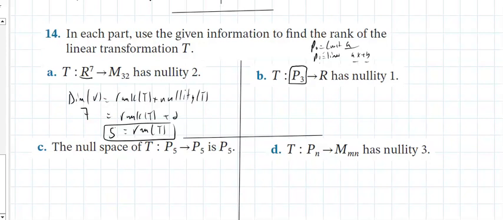So if we're going for P3, the dimension of V equals the rank of T plus the nullity of T. Here the dimension is 4, one more, because a quadratic, P sub 2, has a, b, and c, so 3 variables.